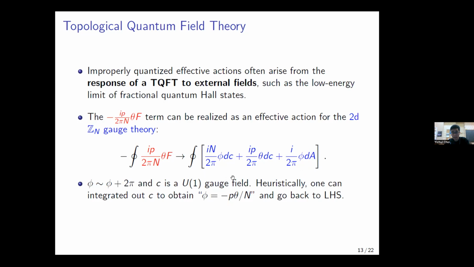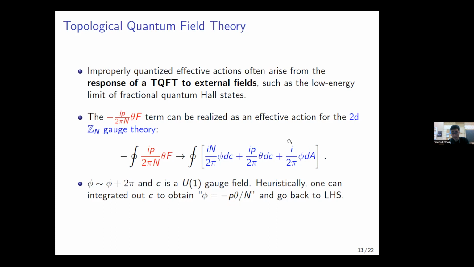This red expression, which was not gauge invariant, can actually be realized as a response of the 2D Z_n gauge theory, which I wrote in blue here. In this blue expression, phi is a 2-pi periodic scalar field, and c is the U(1) gauge field. The first term is the Lagrangian for the 2D Z_n gauge theory. The second and third terms tell us how the gauge theory is coupled to the external fields, which are in this case the axion and the electromagnetic field. Now you see that this blue expression is perfectly gauge invariant.